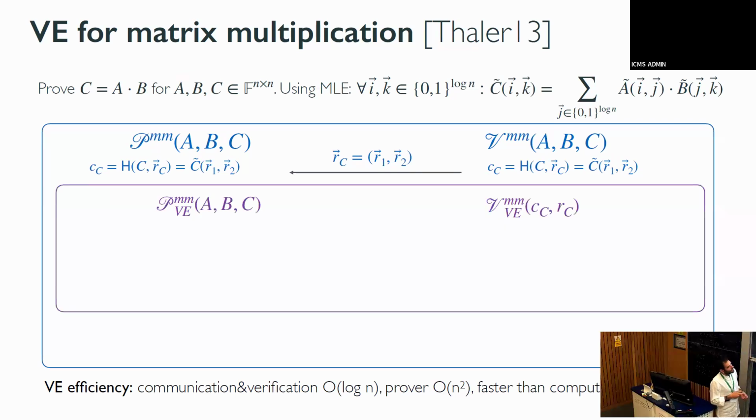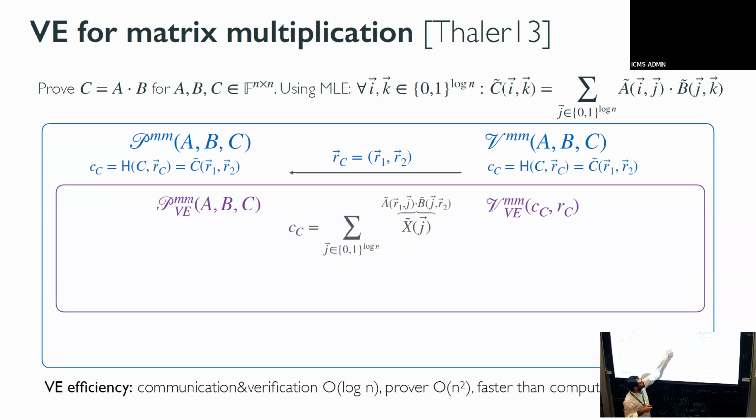Then you want to prove the following sum-check claim: that this output fingerprint C is the sum-check of a polynomial in j, which is the product of A tilde on (R1, j) and B tilde on (j, R2).